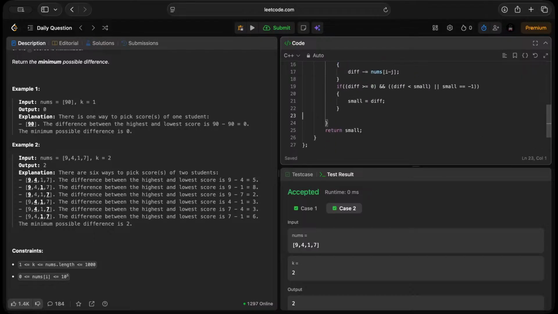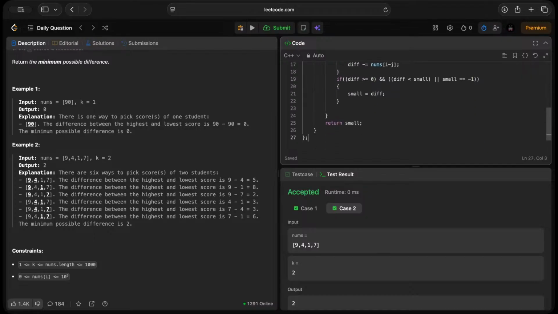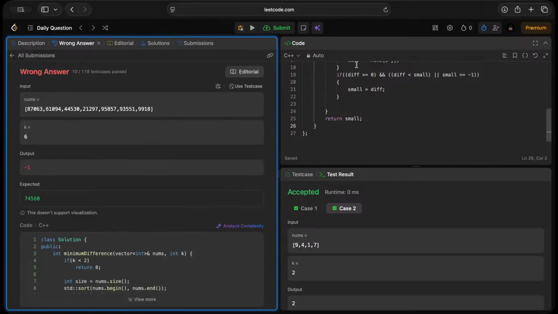We go through the array technically one time, or two times because we have to sort it. I don't know what sort does. Is it too slow for Leetcode? Maybe, possibly. Let's see. Is std sort too slow for Leetcode?